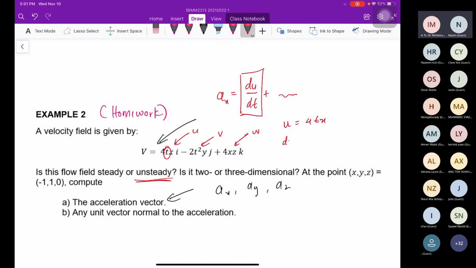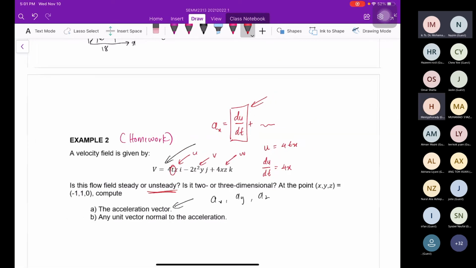To get du over dt, it becomes 4x. That's it. Just substitute into the equation. Is the concept clear so far? Clear, doctor. Try it first. Basically, I give you the tips.